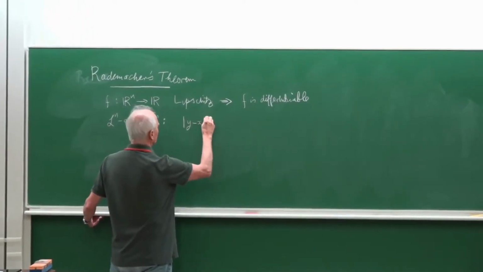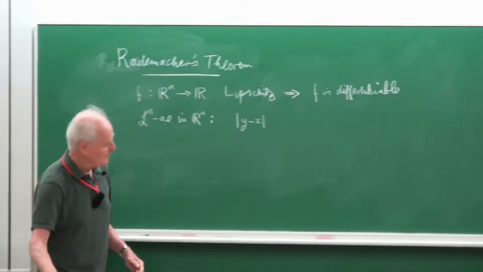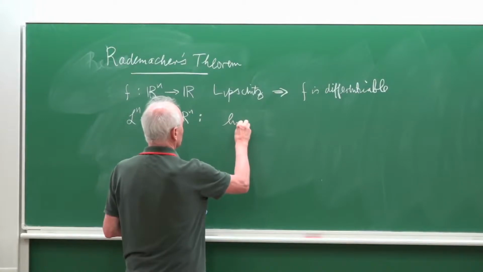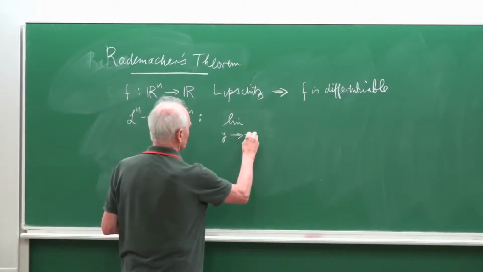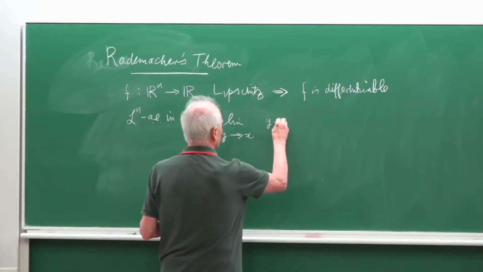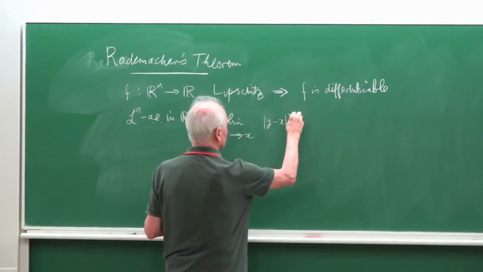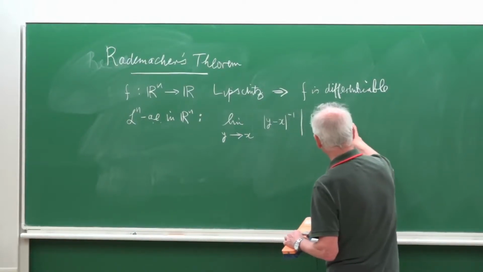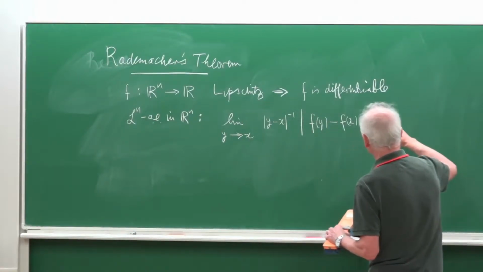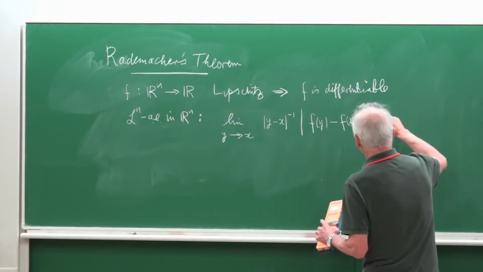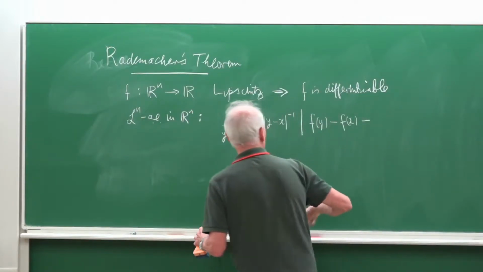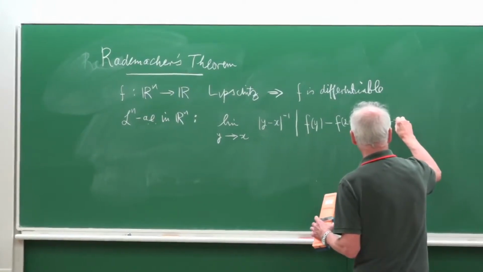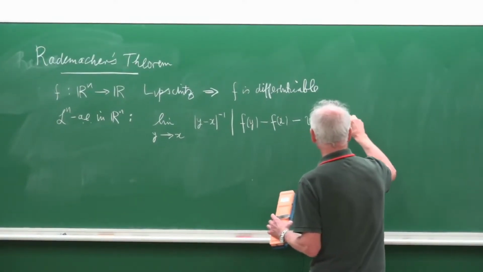It means that the limit as y tends to x of the absolute value of y minus x to the minus 1 times f(y) minus f(x) minus v sub x dotted with y minus x equals 0.